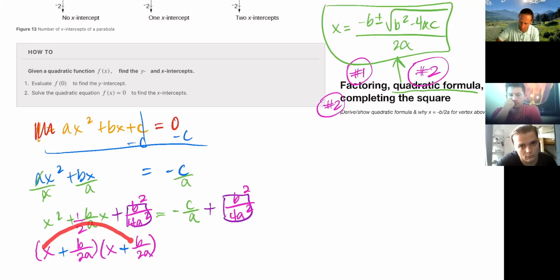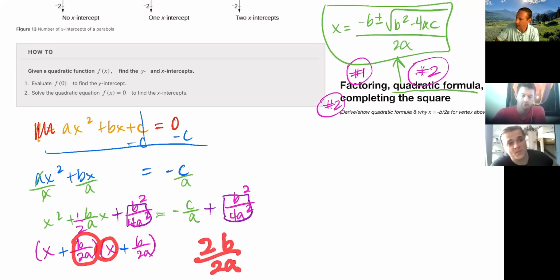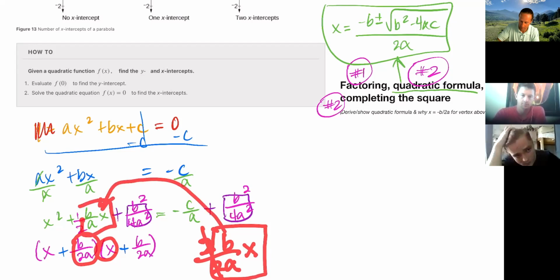But what about when I multiply this by an x and this by an x? What will I end up having? That b over 2a times x twice. And if I add that b over 2a to itself, I'll have it twice, which means I will have two b over 2a's times the x, which means I have what I started with.